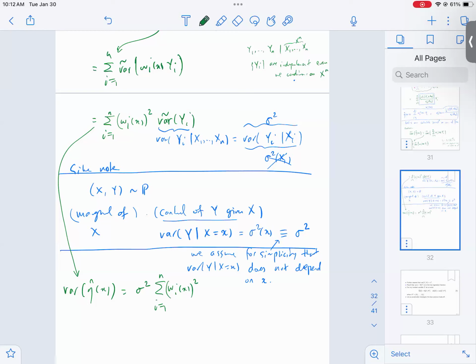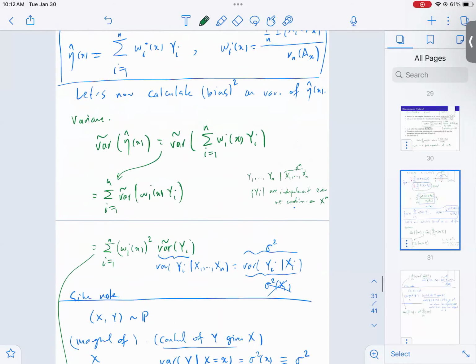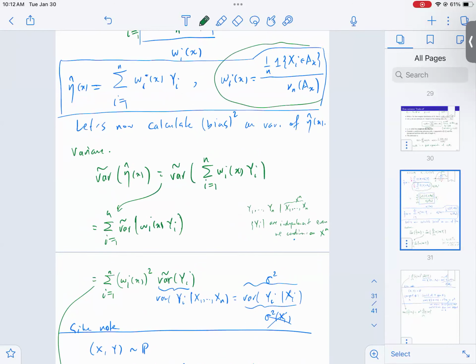Okay, almost done. One more thing is that's w_i squared. Oh, sorry, that's w_i. When I square it, what do we have?